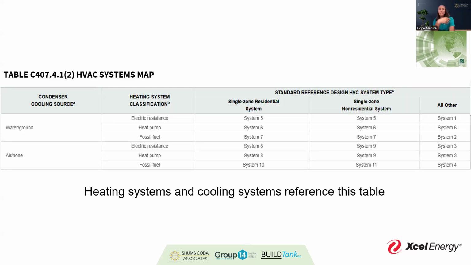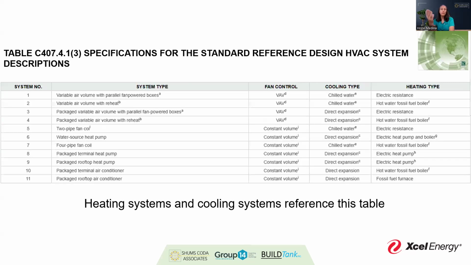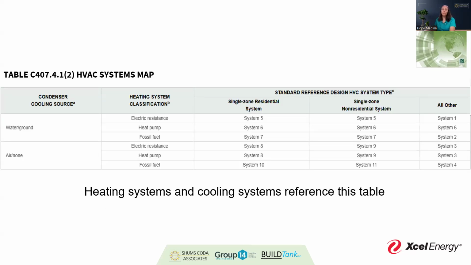So this is HVAC system maps, right? It lets us know what kind of condenser cooling source and heating system we have. Do we have single zone residential, single zone non-residential, or all other? And if you'll notice, it says here system 5, system 10, system 11, system 4.